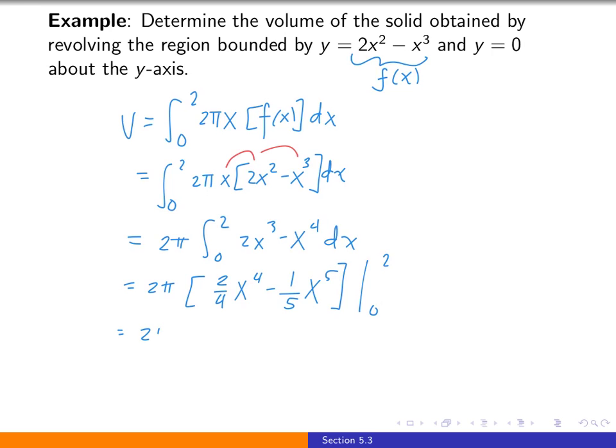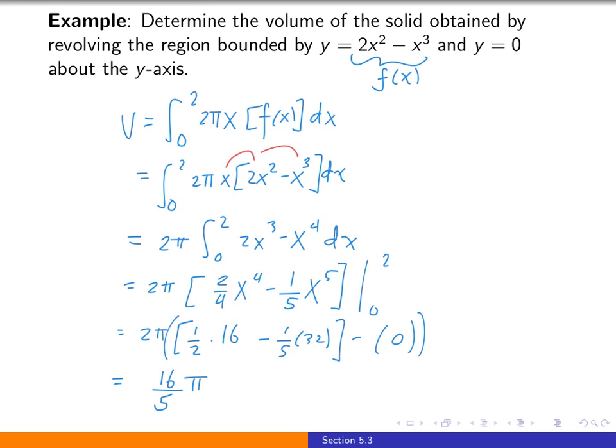So we plug in a 2: 1/2 times 2 to the fourth, which is 16, minus 1/5 times 2 to the fifth, which is 1/5 of 32. And we subtract away what we get when we plug in 0. So this ends up being 2 pi times 8 minus 32 fifths, which is 16 over 5 pi.